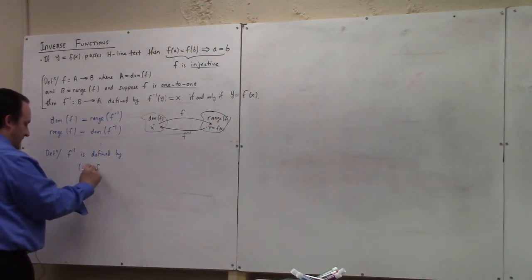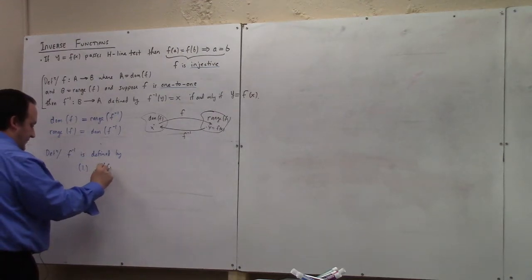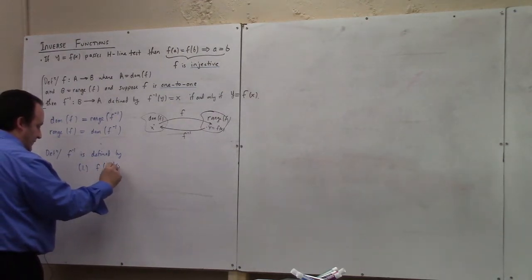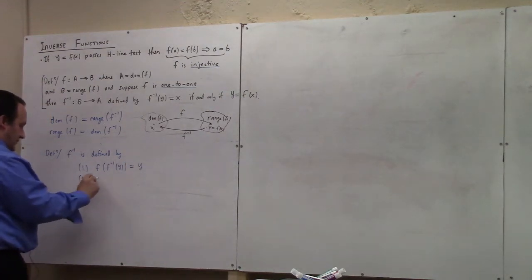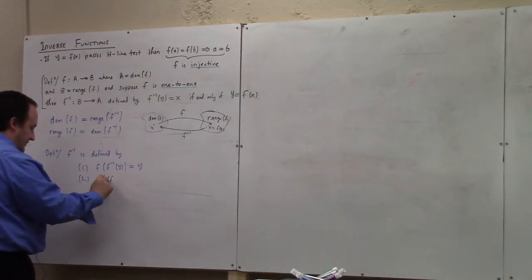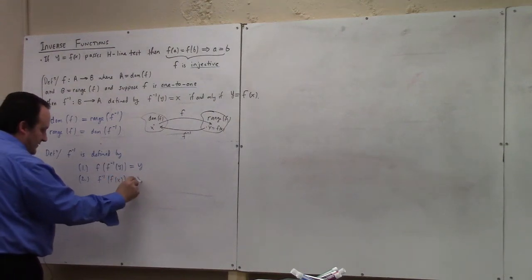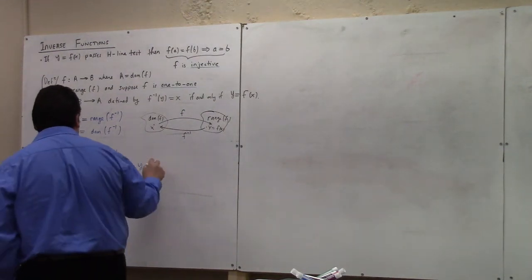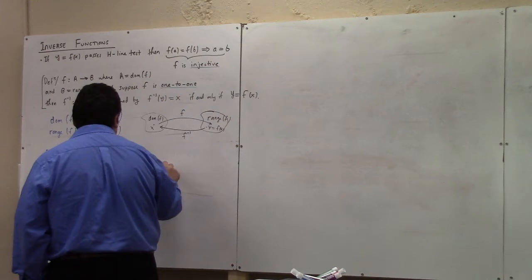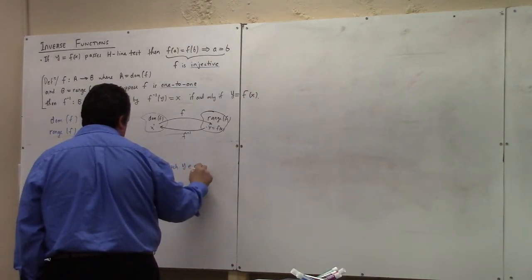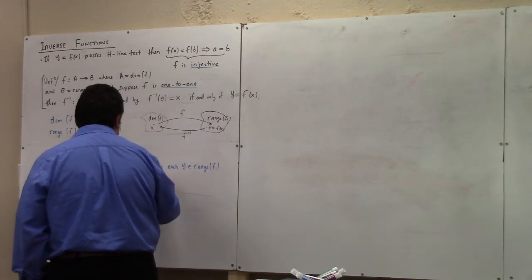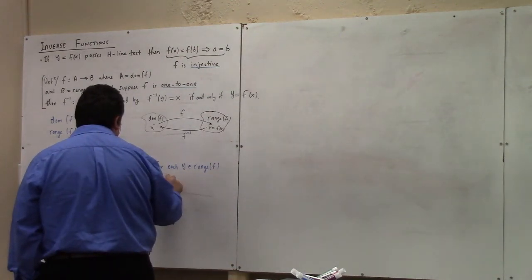One, we need that f of f inverse of y is equal to y. And two, we need that f inverse of f of x is equal to x. This is for each y in the range of the function, and this is for each x in the domain.